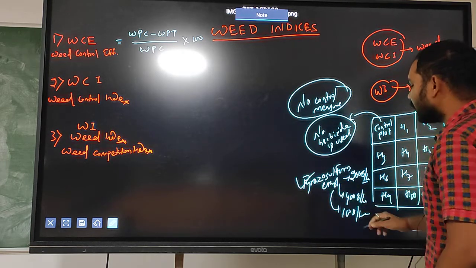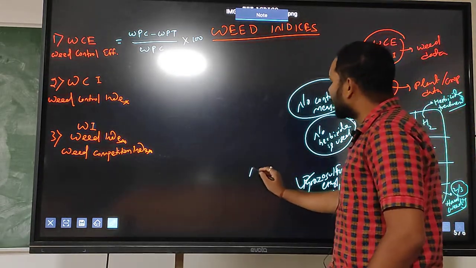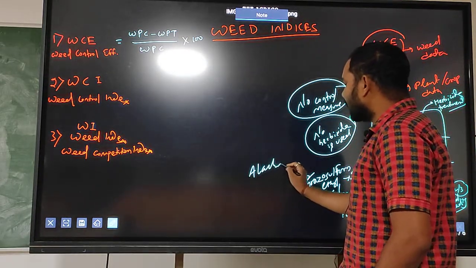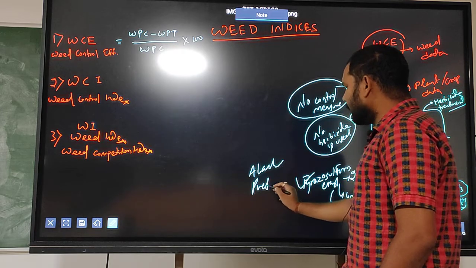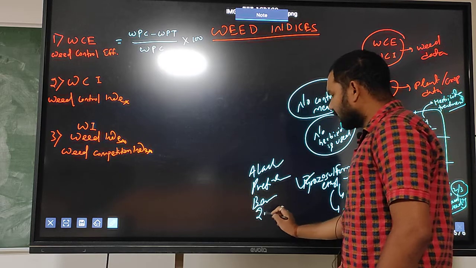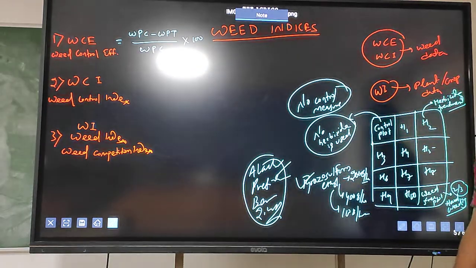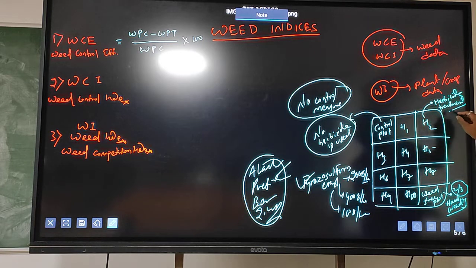So same pyrazosulfuron ethyl having different doses. Or different herbicides are also possible. I can take alachlor, then pretilachlor, then bensulfuron, whatever number of herbicides can be taken. These are known as the treatments.